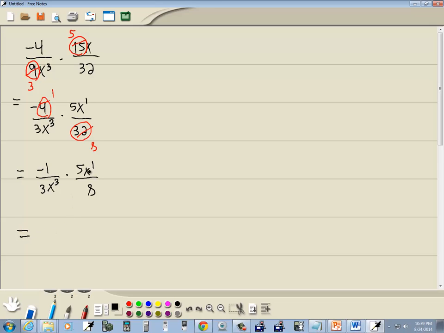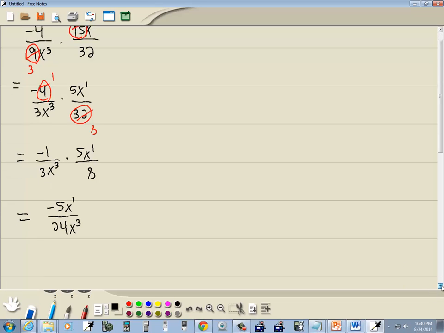Now I could handle the x's at this point, or I could just multiply the numbers together and then handle the x's. I'll multiply them together first. Negative 1 times 5 is negative 5, x to the first. You multiply the numbers together separately, and the x to the power just carries along. 3 times 8 is 24, and we have x to the third.